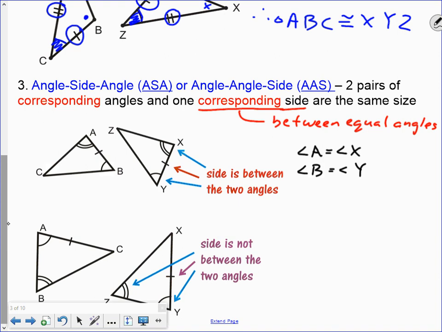And then we have the side AB, which is between angle A and angle B, and side XY are equal to each other. So we've got angle, side, angle. These two triangles are congruent. So ABC is going to be congruent to XYZ.